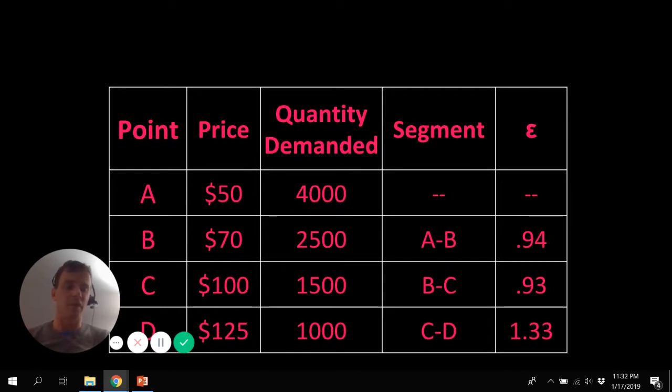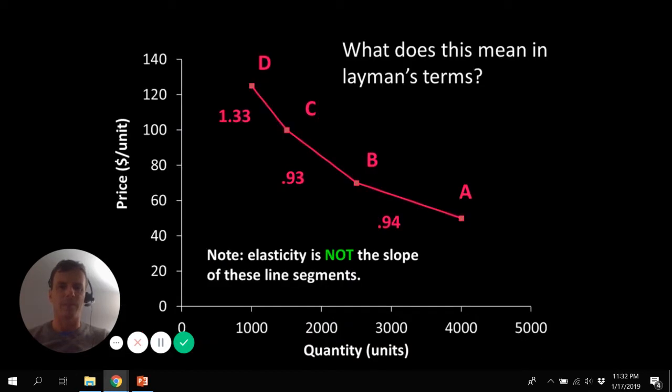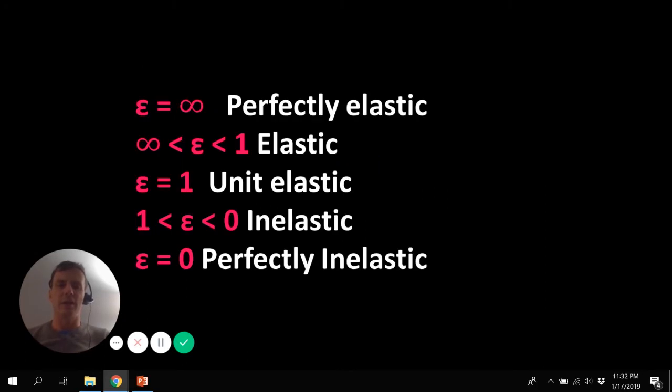So notice we have different price elasticities of demand at different points along this demand curve at different market prices. If we can describe this in layman's terms, note that the price elasticity is not the actual slope of these lines. What this suggests is that at lower prices we have price elasticities of demand that are between 0 and 1, so slightly inelastic.